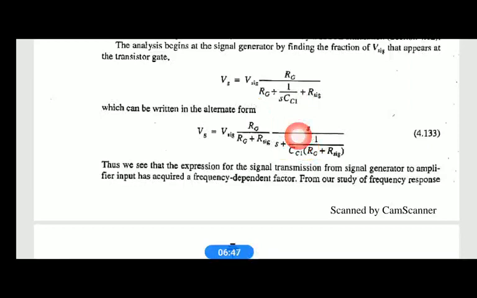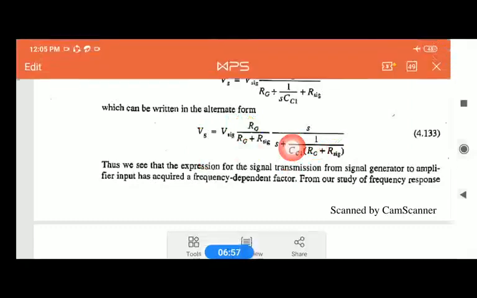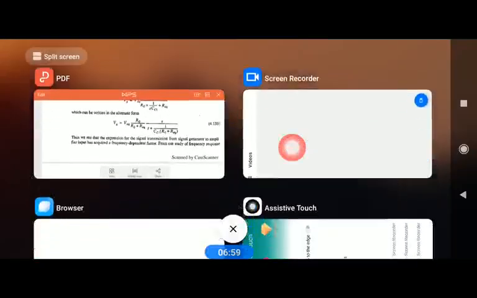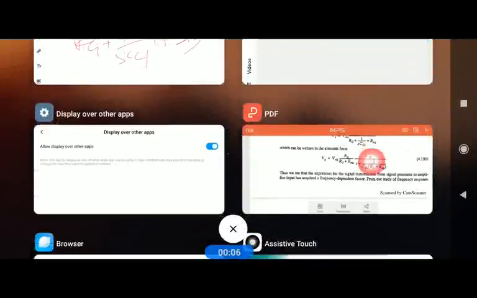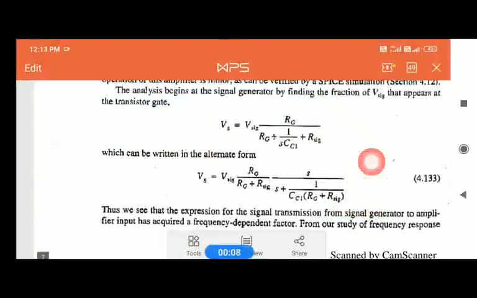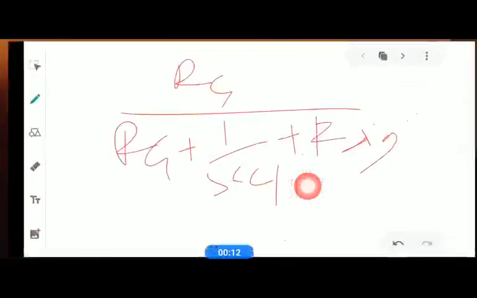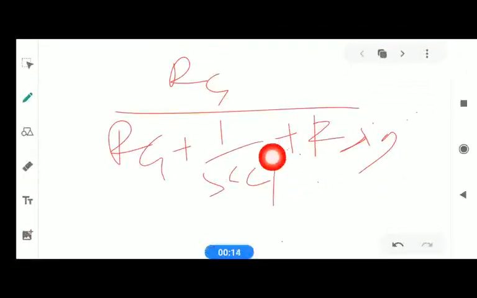By taking LCM and dividing with S CC1, we will get this equation. This is how we will see on the board here. To derive this equation from this to this, we utilize the board.